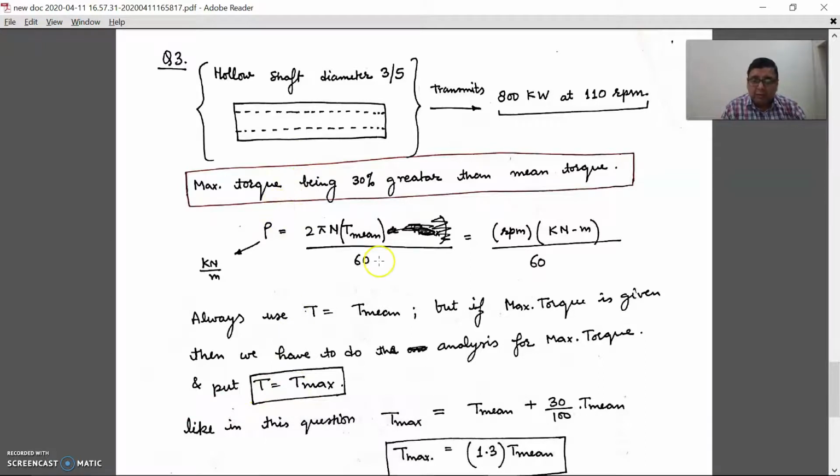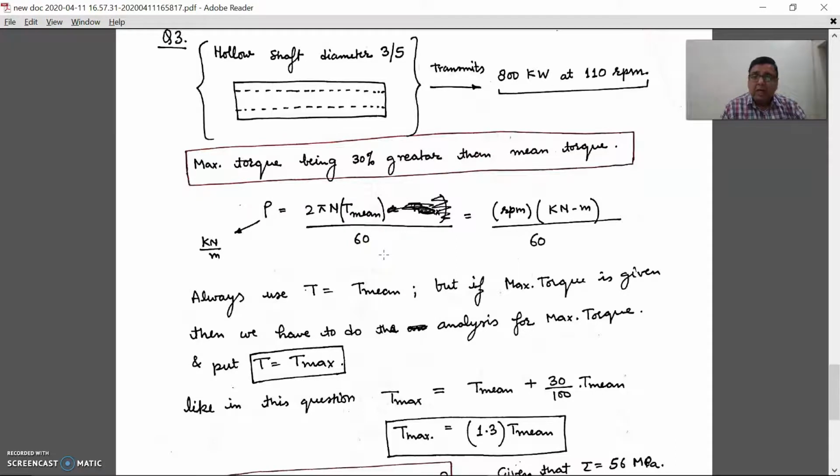So from this formula we'll get the value of T mean only, but in the equation T by J is equal to tau by R is equal to G into theta by L, we have to put the value of T max.